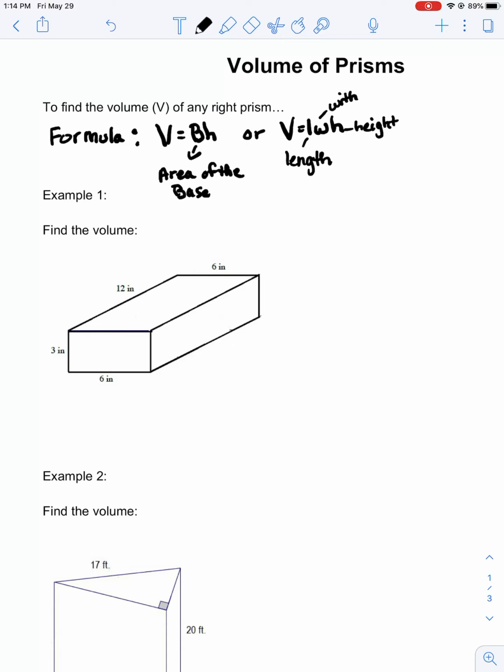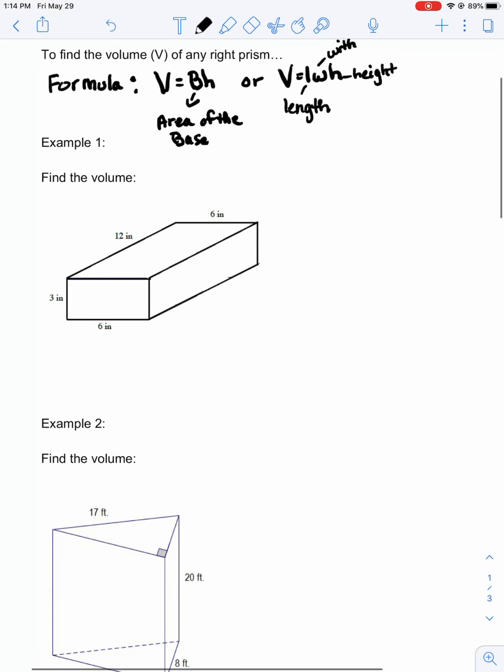Okay. So now to find the volume of these figures, of these rectangles, we have our formula. First of all, let's find our length, which is 12 inches. Our height, which is 3. And our width, which is 6.